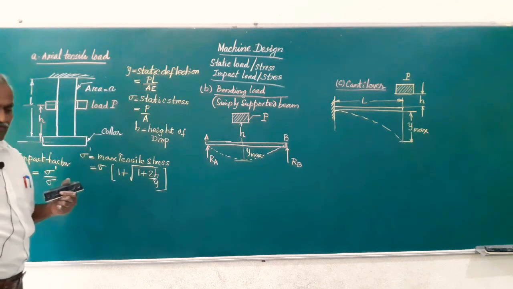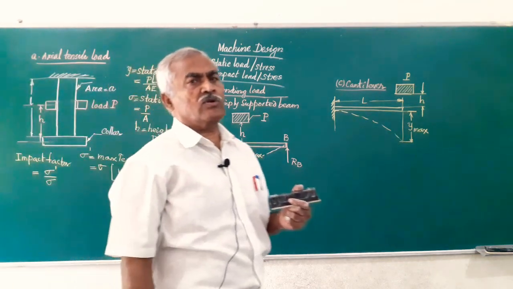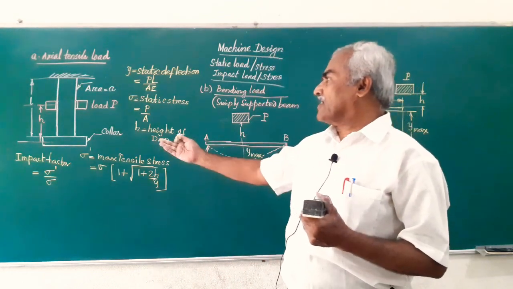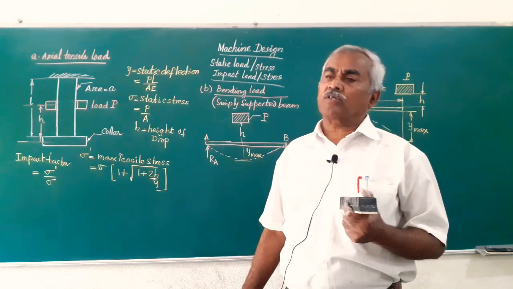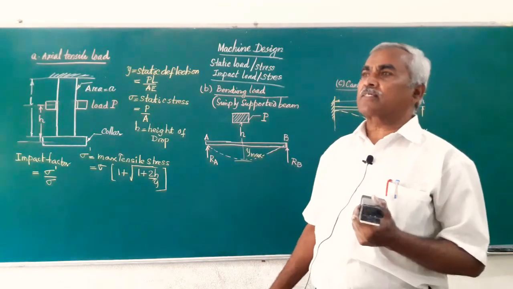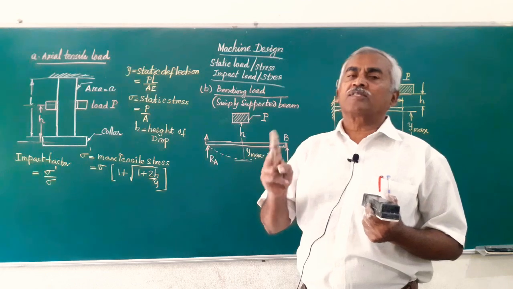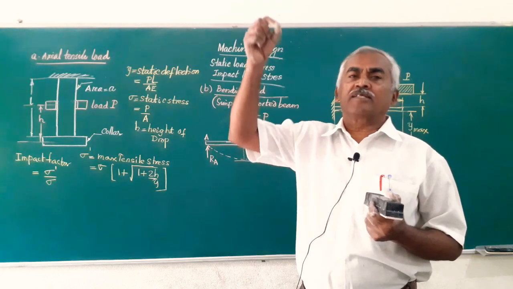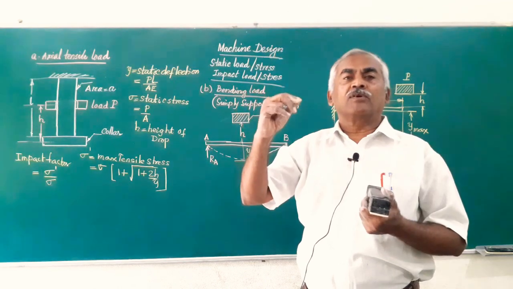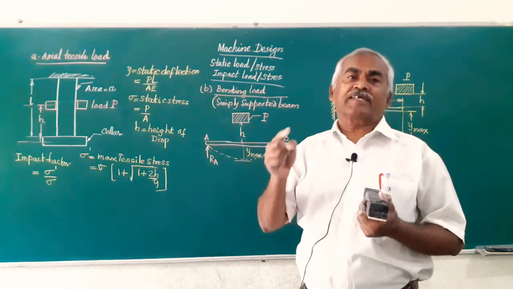So this impact factor plays a very important role, and very obviously the effect of this impact stress, or the intensity of this stress induced in the member, depends purely on three parameters, namely the weight that is dropped on the member, the height of drop, and also the material property.